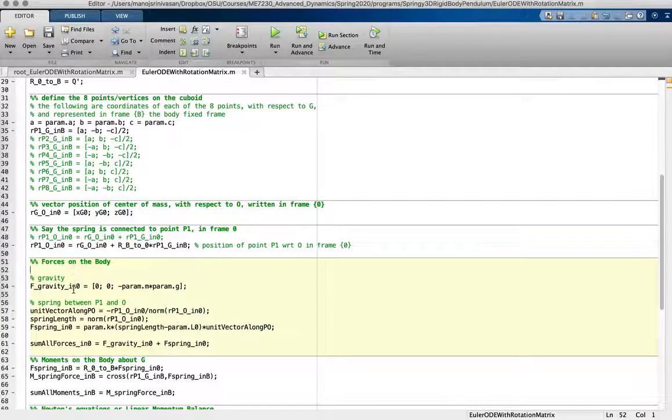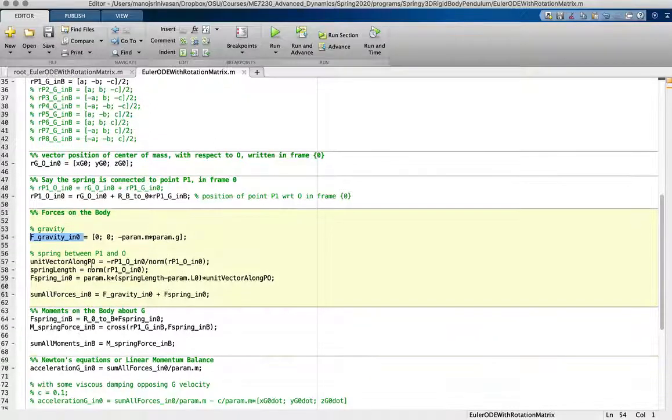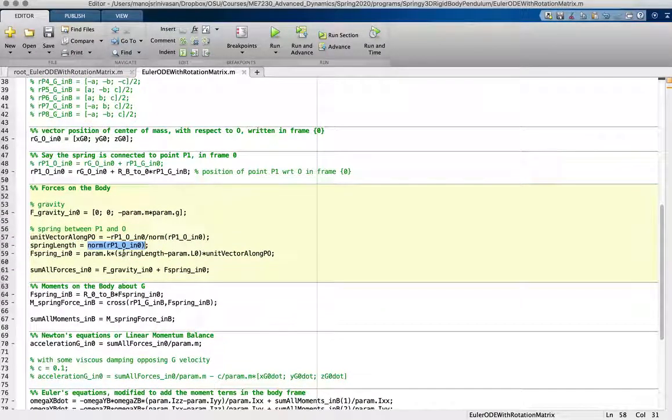Forces on the body, of course, we have gravity, which is just 0, 0, minus mg. And then we also have the spring between P1 and O. The unit vector along PO is this vector we just defined, divided by the length, which is the norm of the vector. The spring length itself is just the norm of that vector from O to P1.